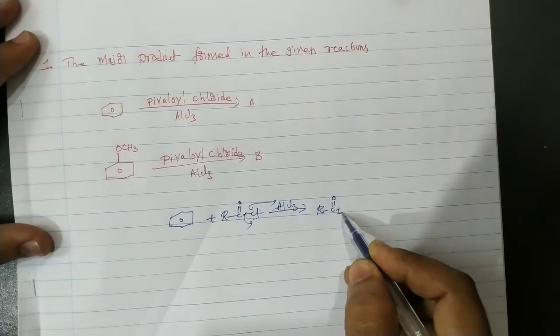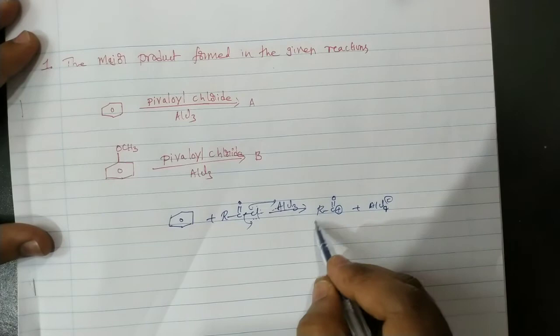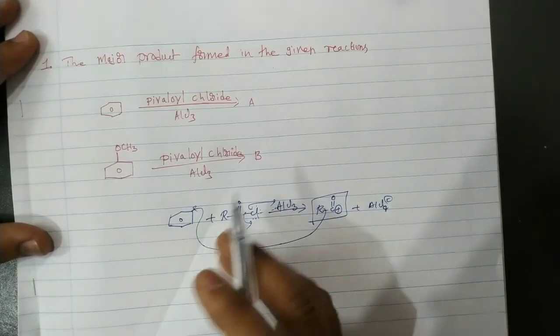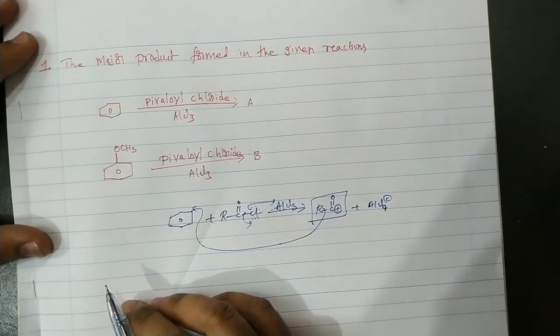As a result we get the acylium ion and AlCl4 minus. So the electrophile is generated in this manner. This attacks the benzene, so it is an electrophilic substitution reaction. It is nothing but a Friedel-Crafts acylation reaction.